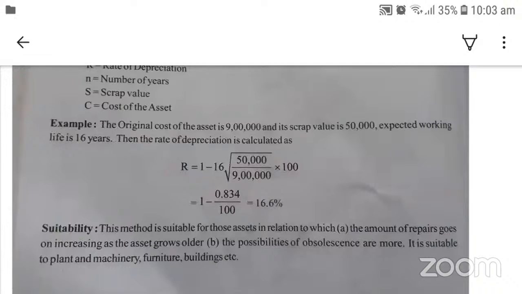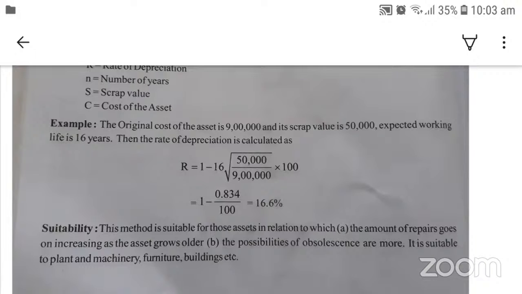This method is suitable for those assets in relation to which the amount of repairs goes on increasing as the asset grows older. The possibilities of obsolescence are more. As the asset becomes older year by year, the obsolescence is also more.